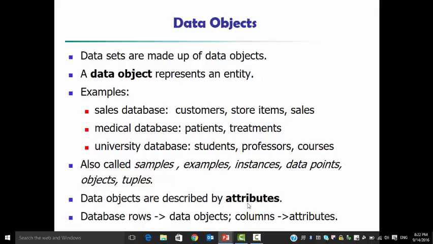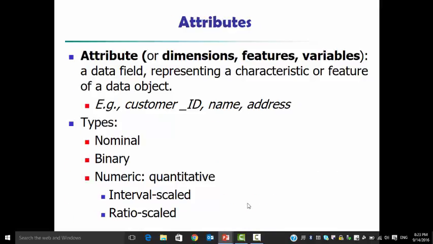For example, objects defined in R, the program R, are not attributes. Objects there are vector data or set data. Okay? We will look at that.